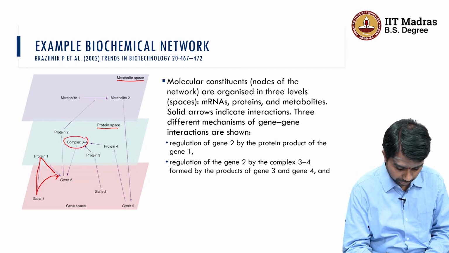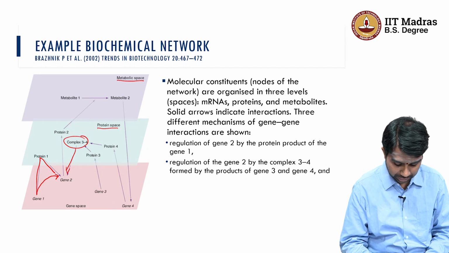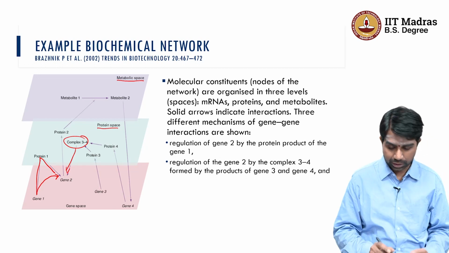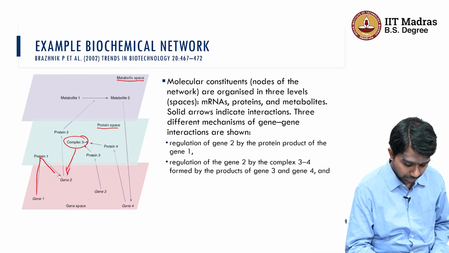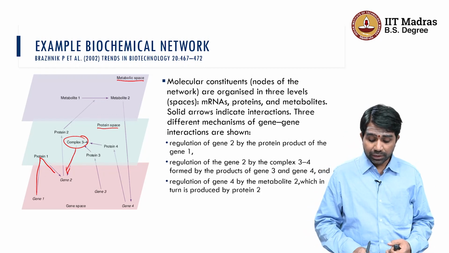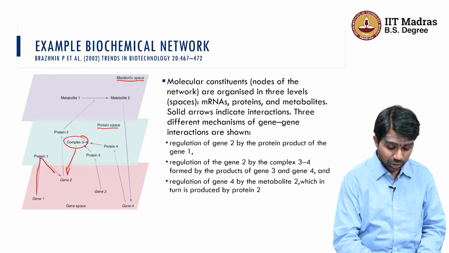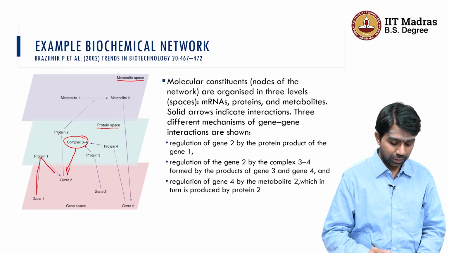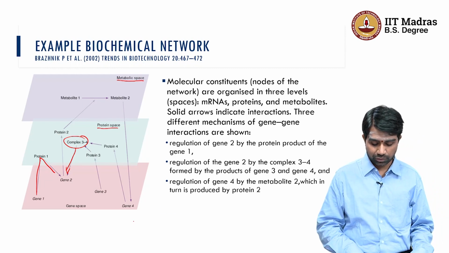These 2 come together to form this complex, which then does something to gene 2. So this basically means that gene 3 and gene 4 interact with gene 2. We will see that in a moment. I will keep these edges away because they will be there in the final slide. And then there is a regulation of gene 4 by metabolite 2, which is produced by protein 2. So gene 2 is also, in a roundabout fashion, connected to gene 4.